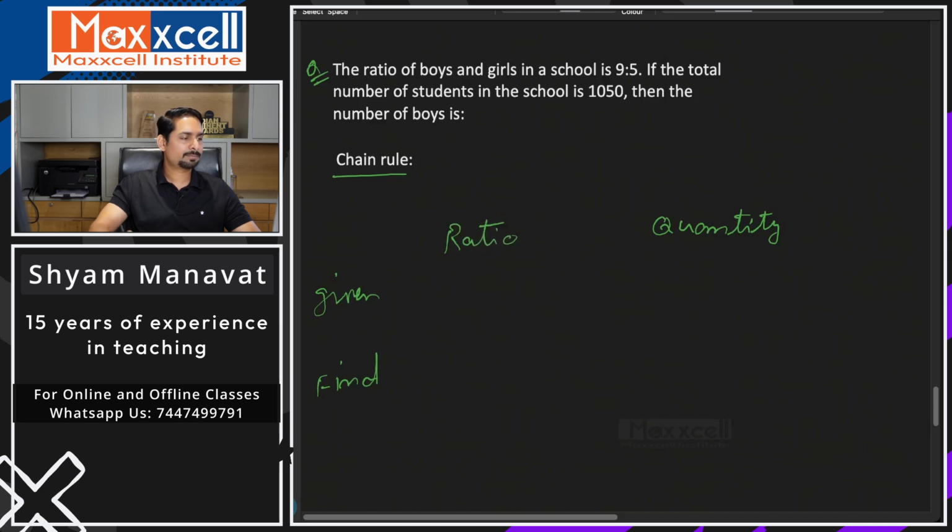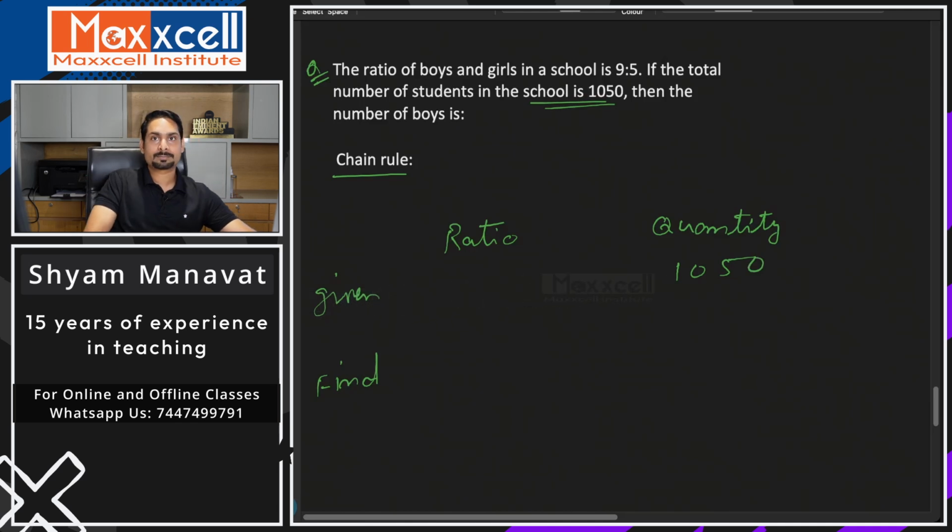What is given here? Given is the total number of students, 1050, as a quantity. With respect to this quantity, what is the ratio? The total ratio, 9 plus 5, is 14. What do we need to find out? We need to find boys.